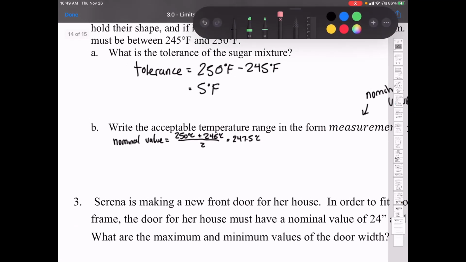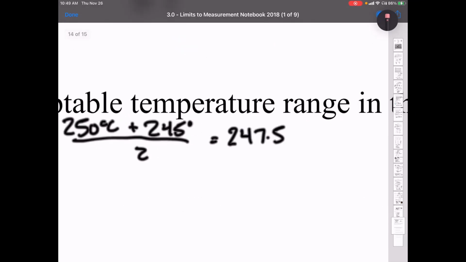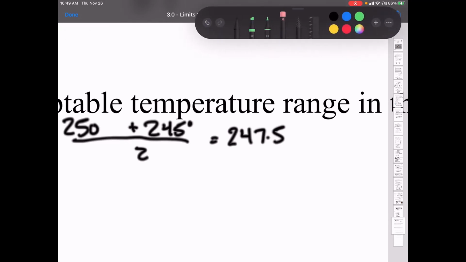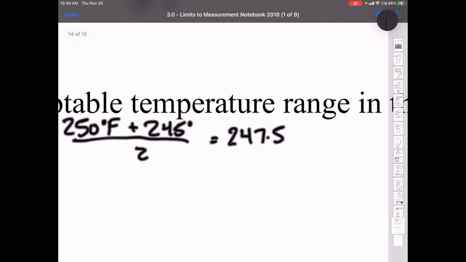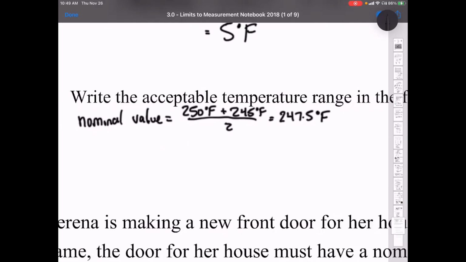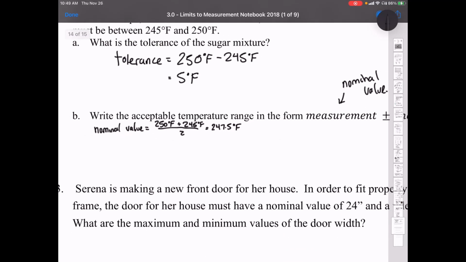Apparently I'm not even using the right units. So now we have our tolerance and our nominal value, so our measurement plus or minus uncertainty would just be 247.5 degrees Fahrenheit plus or minus half of our tolerance, which is 2.5 degrees Fahrenheit, like so.